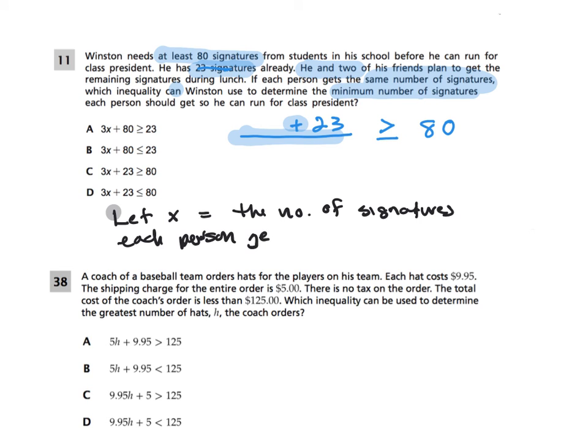And we're talking about Winston and his 2 friends. And since there's 3 of them, it makes sense why we have 3 people each getting a number of signatures we don't know. So this would be our inequality. And if you look at that, that is choice C.